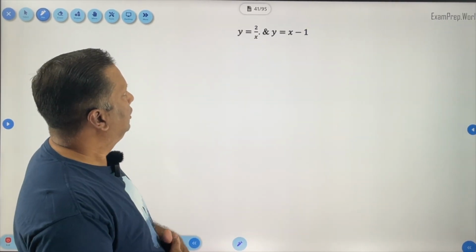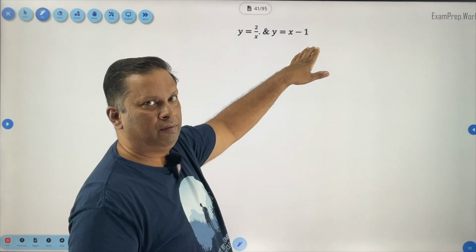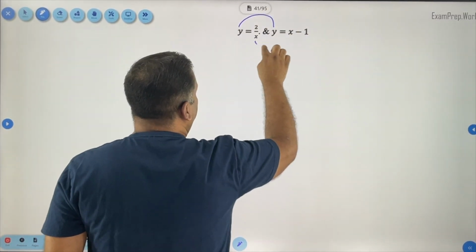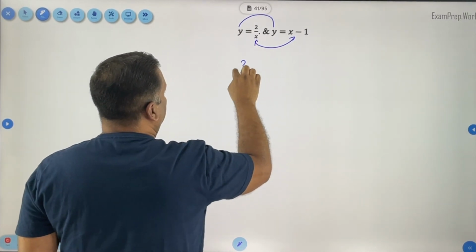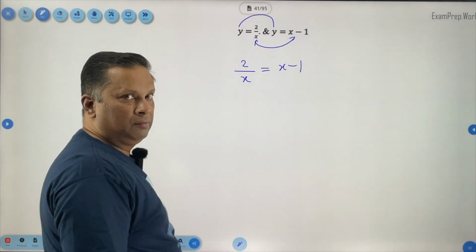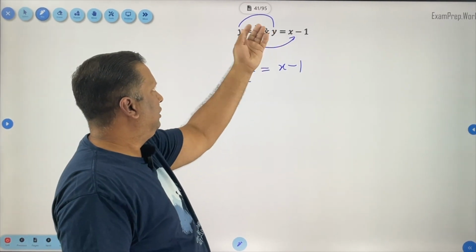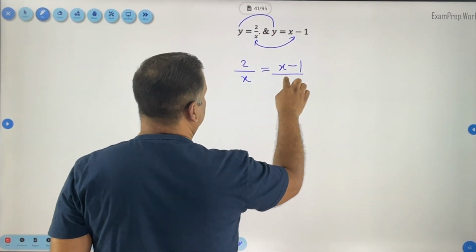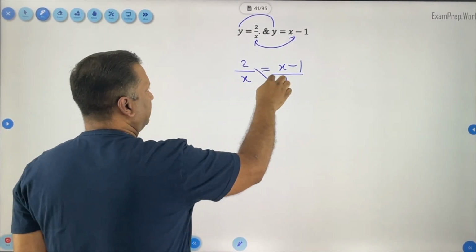Next one. Here a reciprocal function and a linear function. Same thing. When you have y's, equate these two. 2 by x equals x minus 1. When y is equal to y, the right side should be equal to the right side. Now, how do we proceed? Write 1 here, cross multiply.